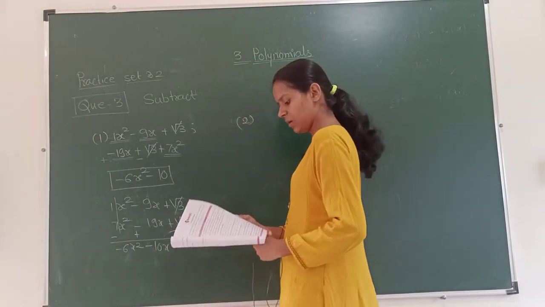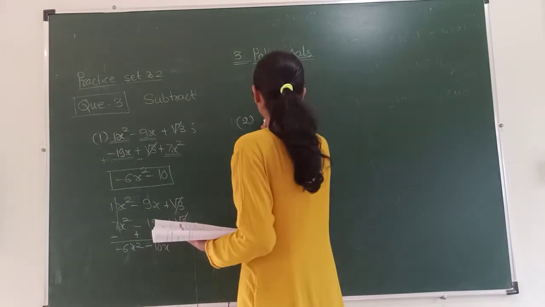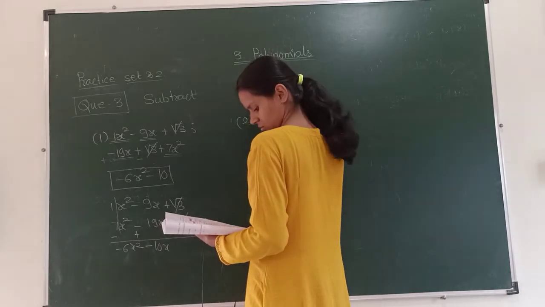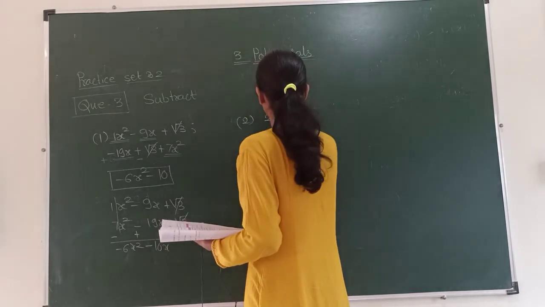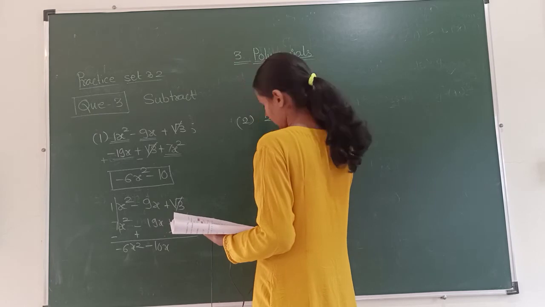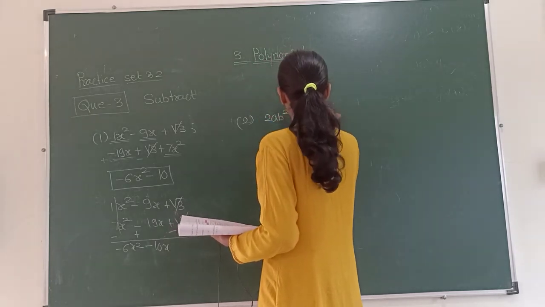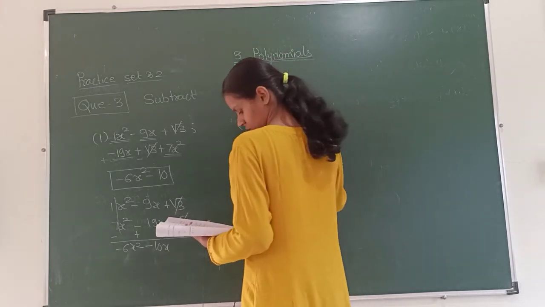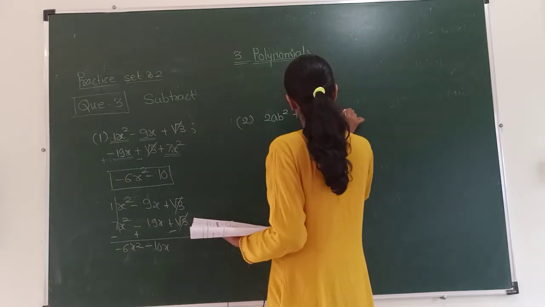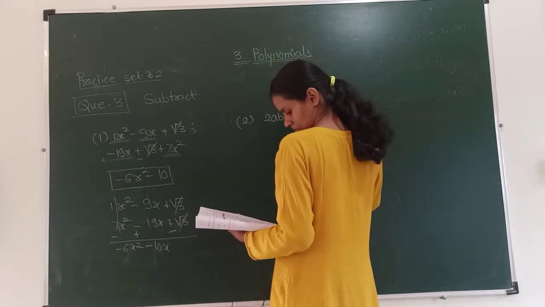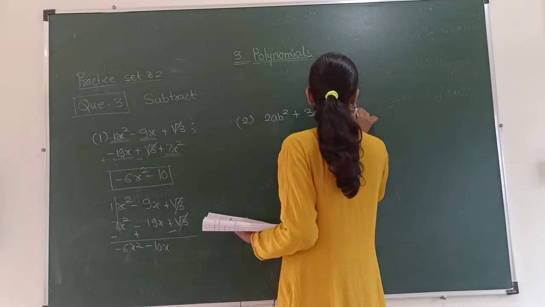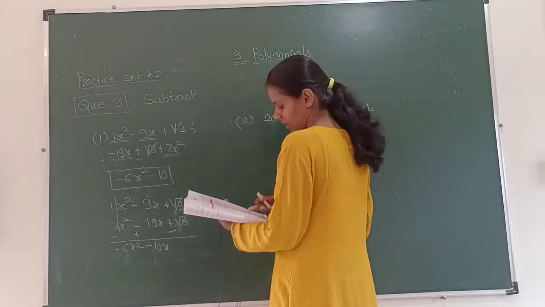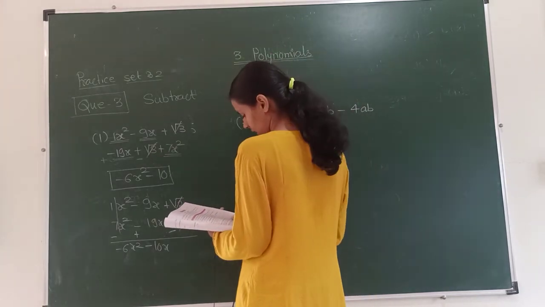Now the second example from question number 3 is 2ab square plus 3a square b minus 4ab. Similarly, they have given us the second polynomial.